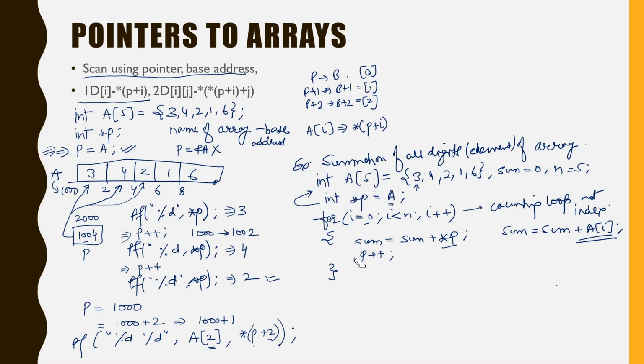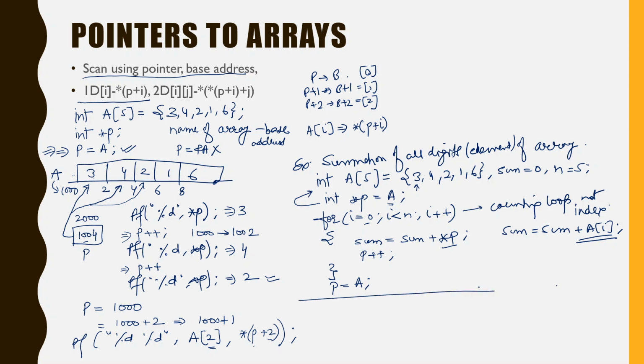So if you want to print the array with the help of p, you will not be able to, because p would start printing from here, and the array has already finished till here. So you have to reset p here, either like this: p equals a. This statement you have to run again, because you want to bring p to the beginning again.